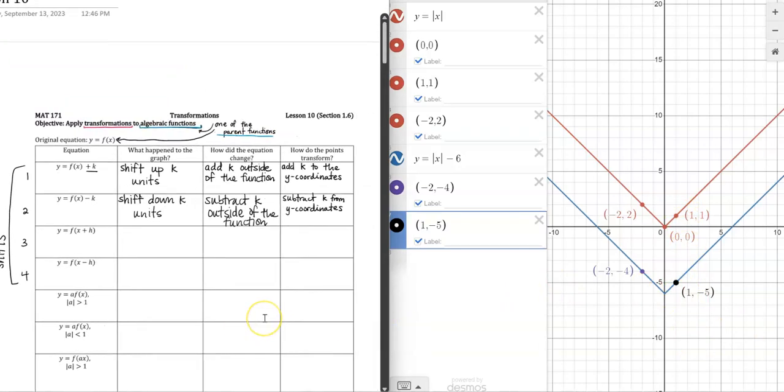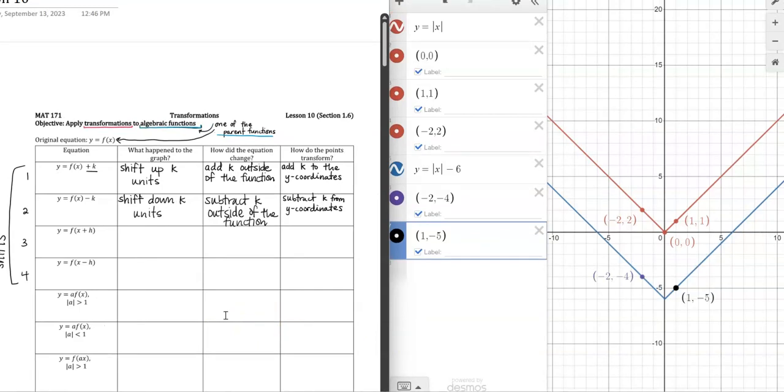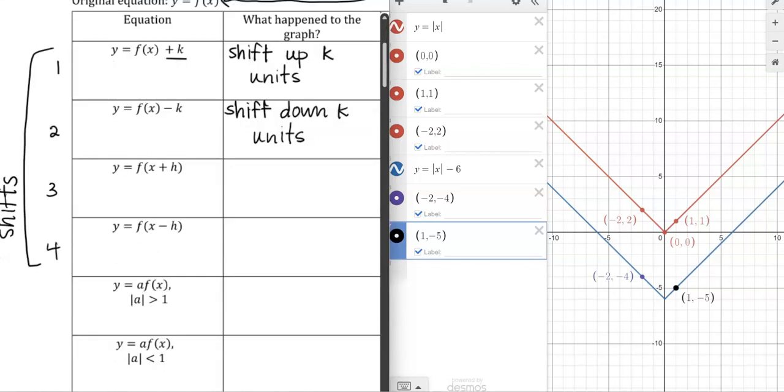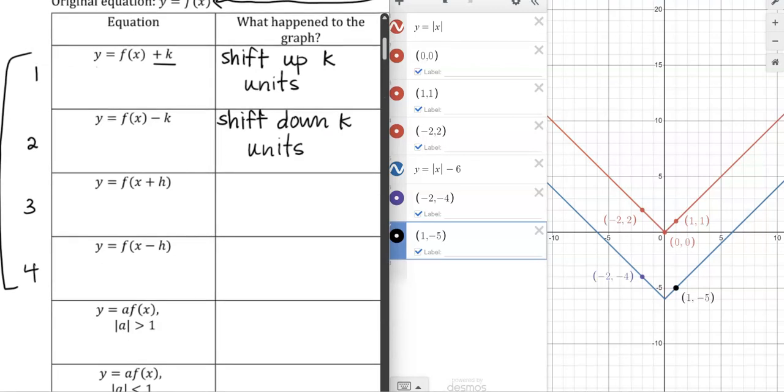Now let's take a look at, so notice that those first two transformations shifted the graph up or down, and both of those transformations happened on the outside of the equation. So when we added on the outside, we went up. When we subtracted on the outside, we went down. If you look at the next two, number 3 and 4, let me just label this here.